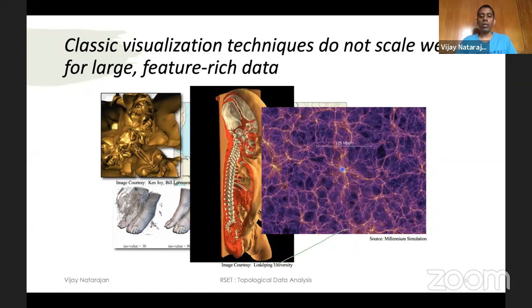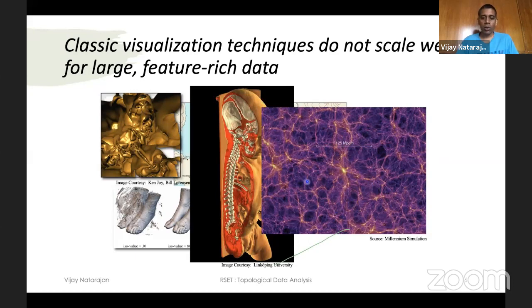Now, in addition to these galaxies, there are these small thread-like structures that connect the galaxies. So these thread-like structures are also important. A few galaxies sit there also, but it's very difficult to extract them meaningfully. And visualizing them is even more a challenge.